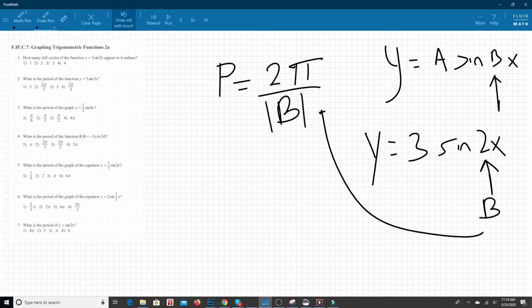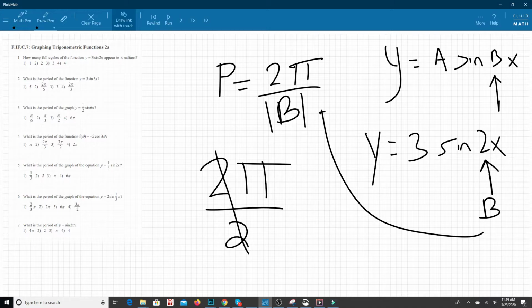In this case it's going to be 2π over 2, so one cycle is π. So in that interval you're going to essentially have 2 cycles. See that? So this is 2.